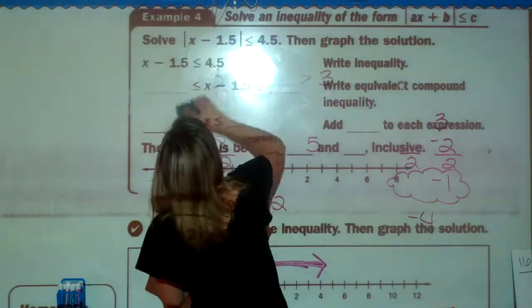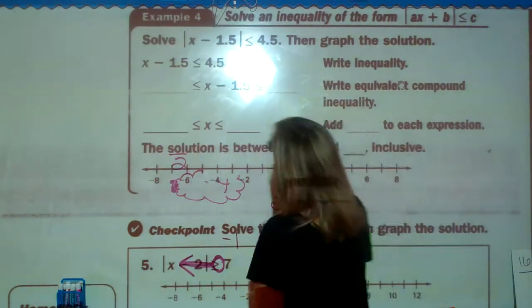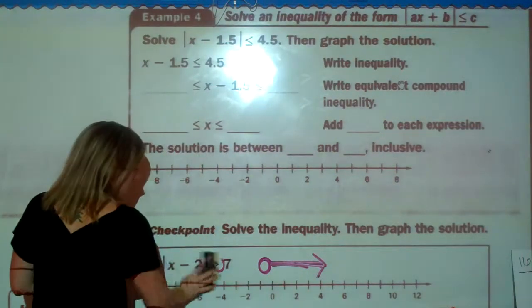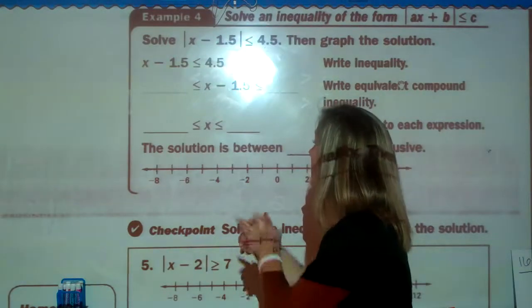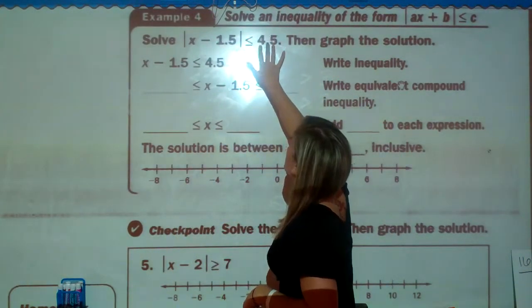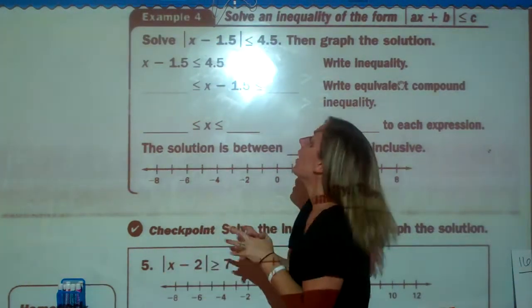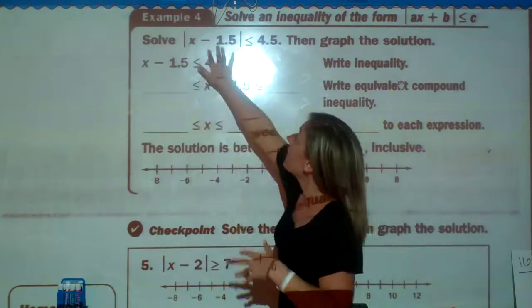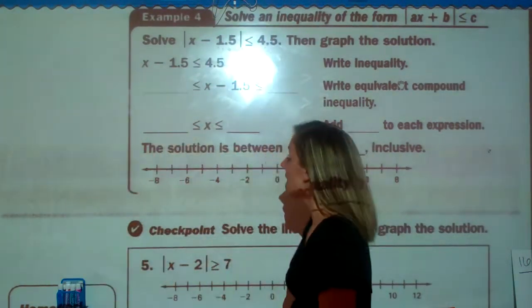Okay, all right, this example, it's less than. Less than is a sandwich or an and problem. Okay, so what we want to do is the 4.5 is going to come out, whether it's positive or whether it's negative in here. 4.5 is what's going to come out of that absolute value.